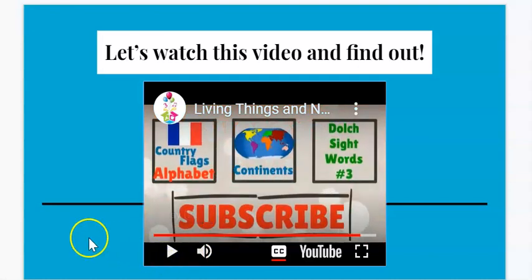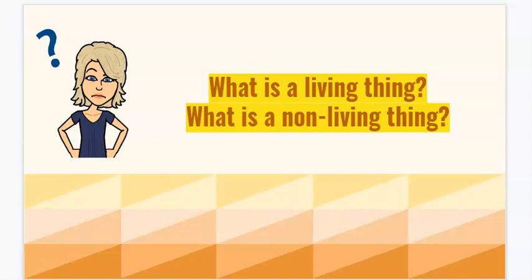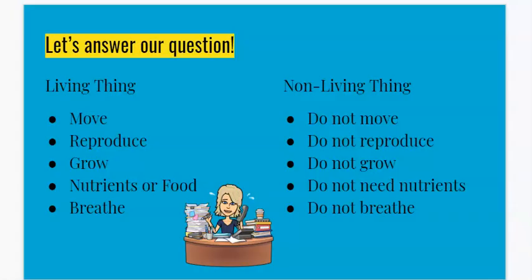Now that you've had a chance to take a look at the video, you should be able to come up with a list of things that are living and things that are not living or non-living. Let's answer our question.